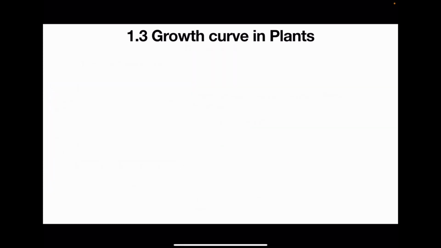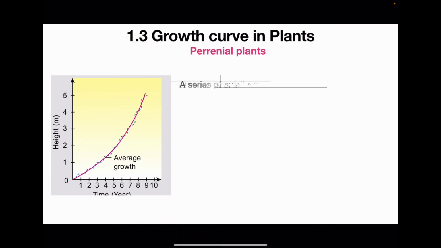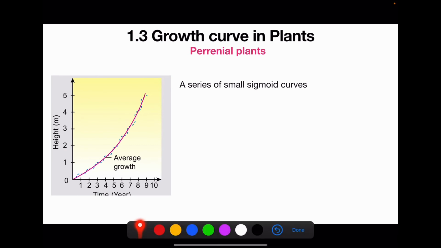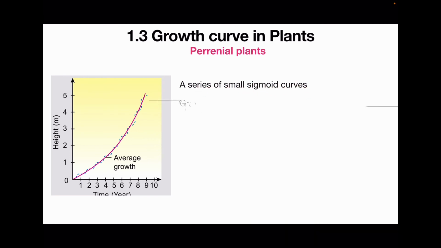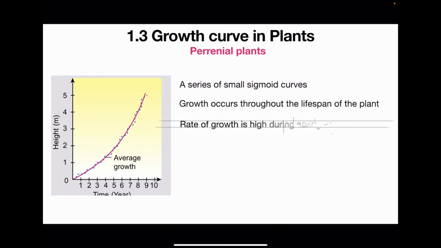The last part is the perennial plant. Actually, the perennial plant has a series of small sigmoid curves, and the growth occurs throughout the lifespan of the plant.